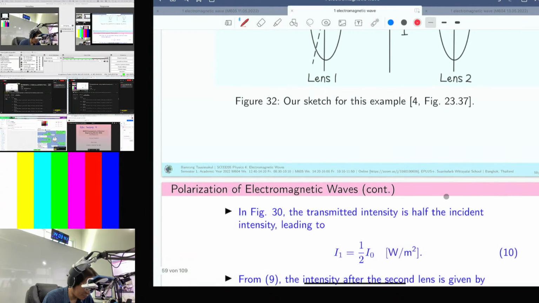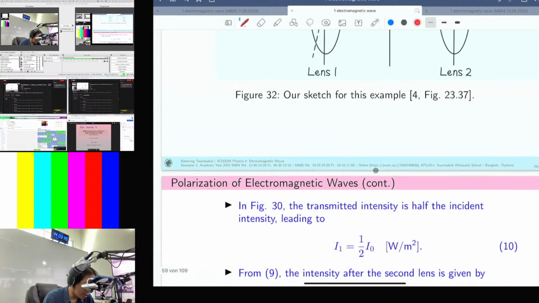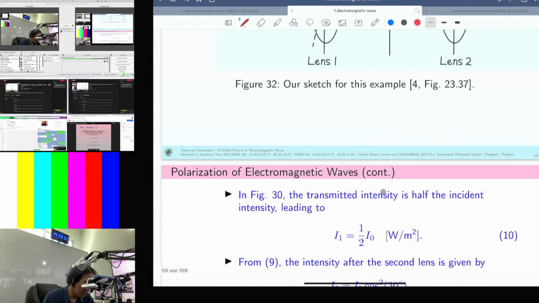But anyway, after the first lens, the intensity will be reduced by 50%. So the intensity that you can observe after the first lens will be 50%, or it's 1 by 2 in terms of mathematics.